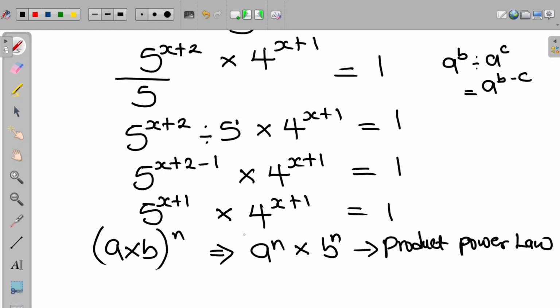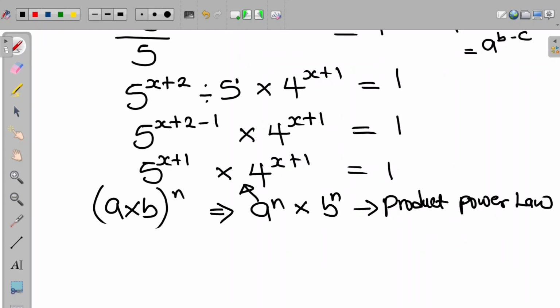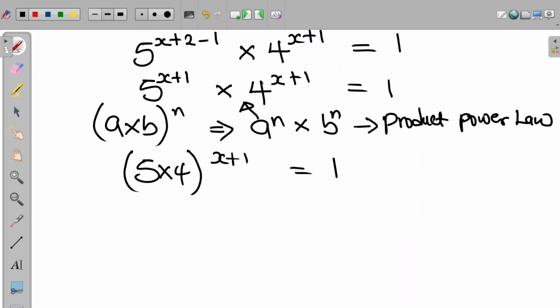So we can apply this law in this equation. So we have it that 5 times 4 all raised to the power of x plus 1 equal to 1. So 5 times 4 is 20. This becomes 20 raised to the power of x plus 1 equal to 1.